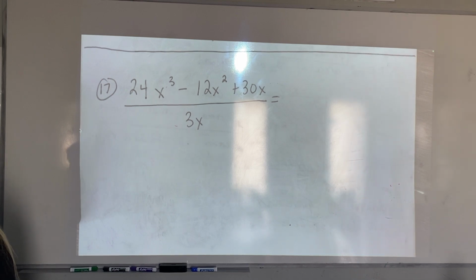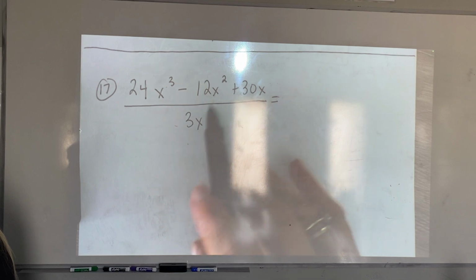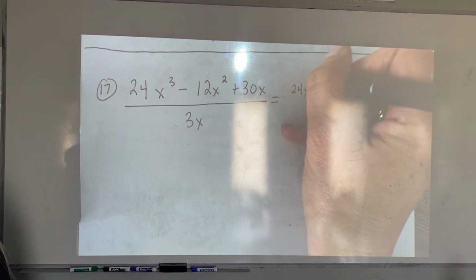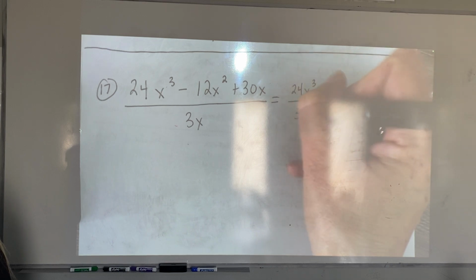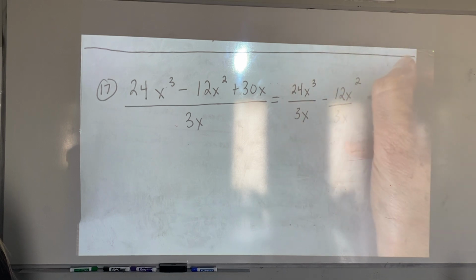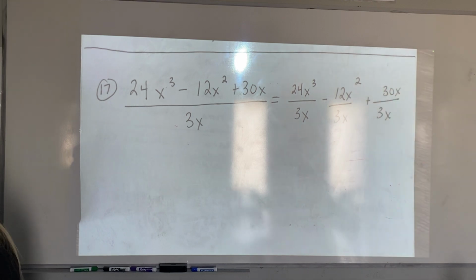Circle, curve, order. Divide every single one by. No. We divide each term by 3x. So we have 24x cubed divided by 3x minus 12x squared divided by 3x plus 30x divided by 3x.